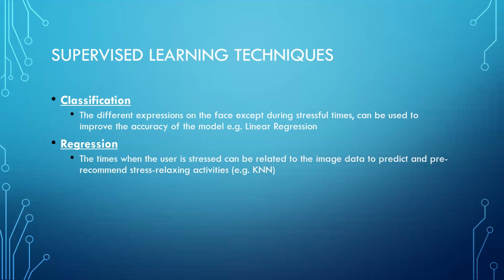So for regression algorithms, we can relate the image data and predict something. It's more of relating two different data sets. So here I say the times when the user is stressed can be related to the image data to predict and pre-recommend stress relaxing activities.